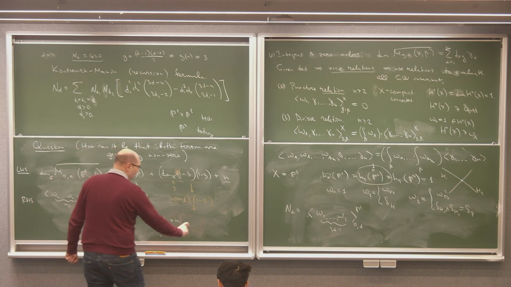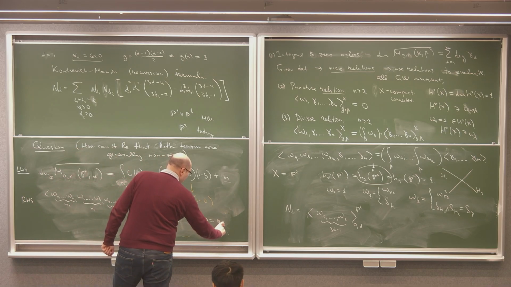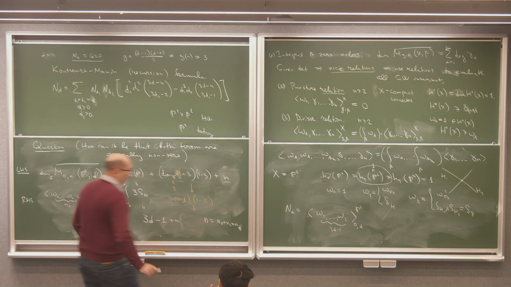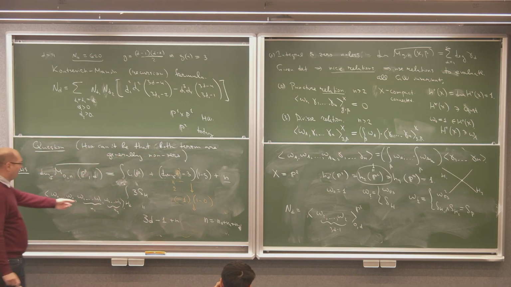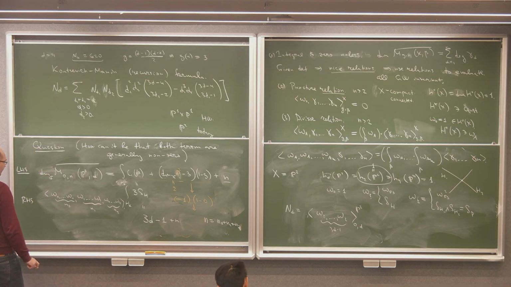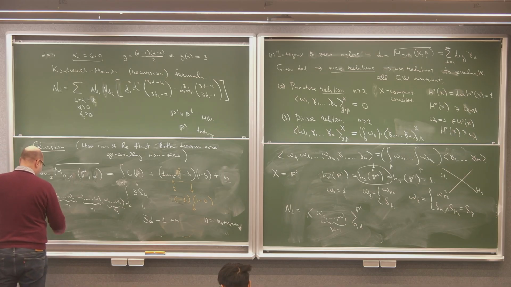Then this little n will be n0 plus n1 plus n2, the total number of insertions. Now, what is the total degree of these n insertions?